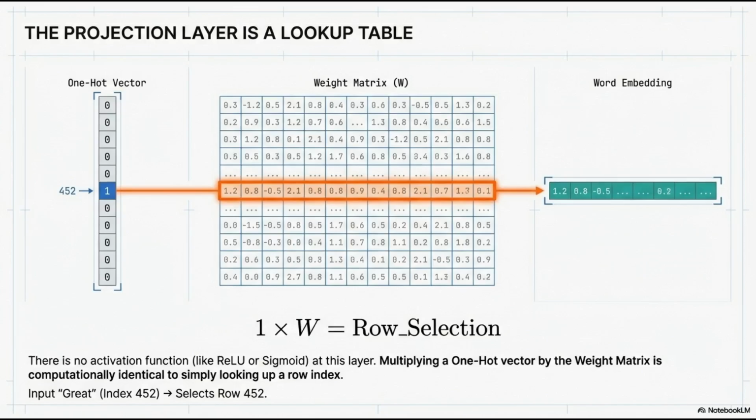There is no activation function here, no ReLU, no sigmoid, nothing, because the input is just zeros and a single one. Multiplying it by the matrix is mathematically identical to just grabbing a specific row. If great is word number 452, we just grab row number 452. This layer acts as a lookup table, let's say.